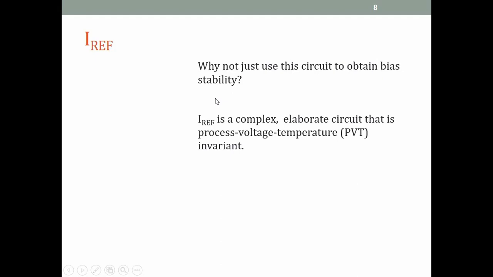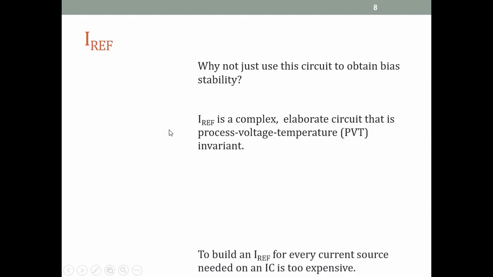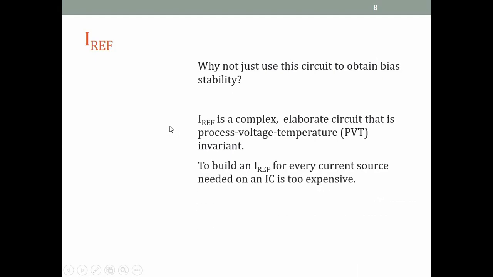We will not discuss it in this course, but we recognize that the circuit that makes up this constant current source is very complex, and because it is complex, it is not feasible to build an IRF, a complex current source, for every current source needed on an IC, because an IC may need hundreds of such current sources.